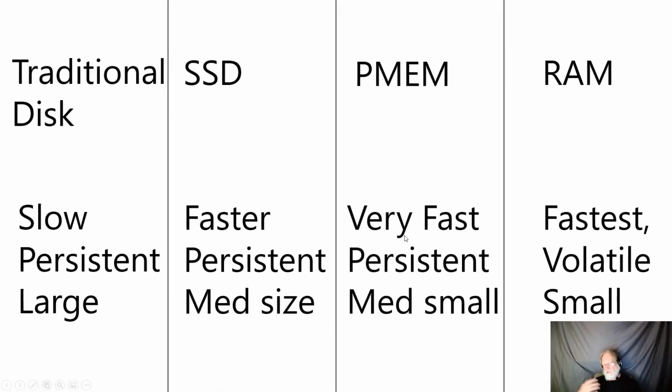And what's coming into the picture now is PMEM, so persistent memory. These are memory chips in the form of DIMMs, the cards that you use for memory in your computers, but made to be persistent. And that can be done in a number of different ways. There are some PMEM DIMMs that have DRAM on the one side, which is the RAM we typically use for main memory.